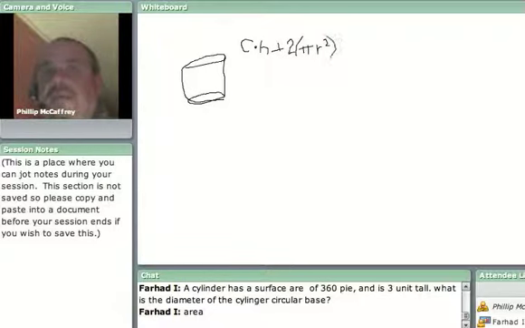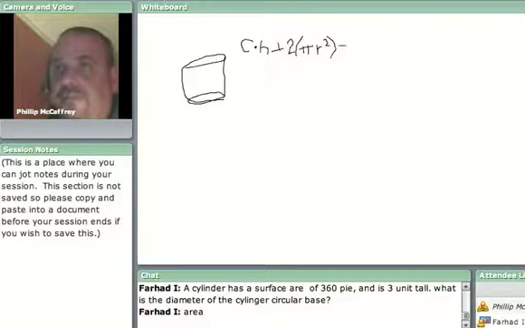It's not a formula that they give you. It's a formula that you have to intuitively derive. So the circumference of the bottom. If I slid off the label of a can and peeled it off, its length would be the circumference of the bottom and its height would be the height of the can. Then I have the surface area on the top and the bottom, equal to 2 times the surface area of the circle. So the cylinder has a surface area of 360 pi.